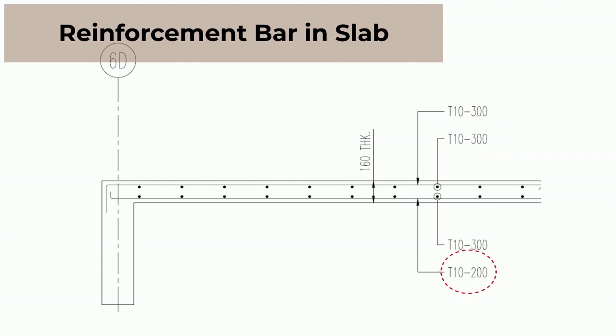T10-200 for bottom rebar short span denotes 10 mm diameter high tensile reinforcement bar at 200 mm spacing. T10-300 for bottom rebar long span denotes 10 mm diameter high tensile reinforcement bar at 300 mm spacing.